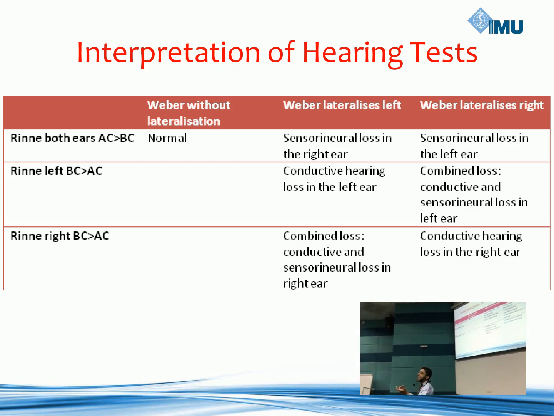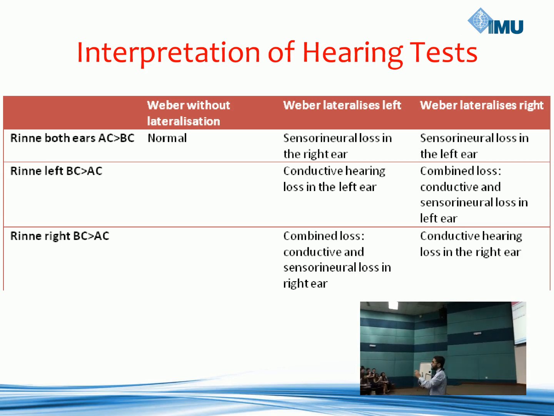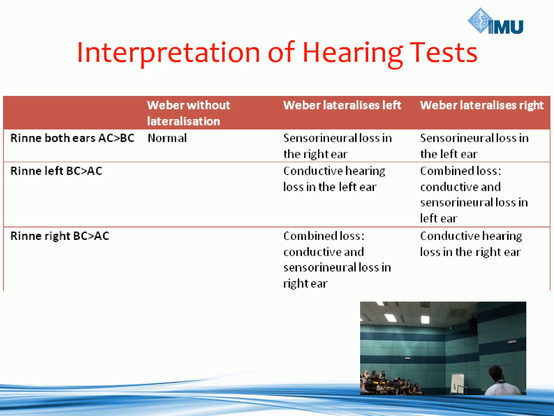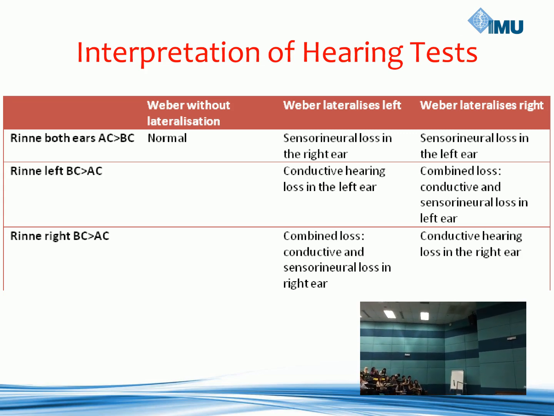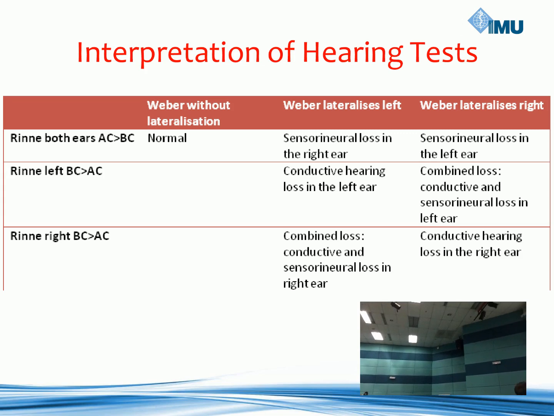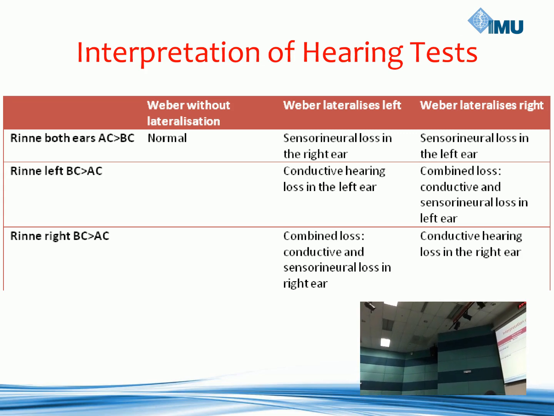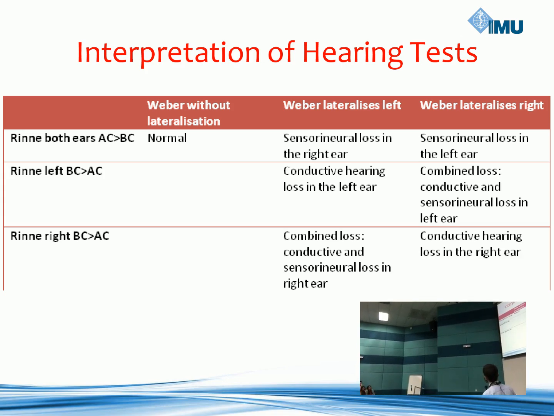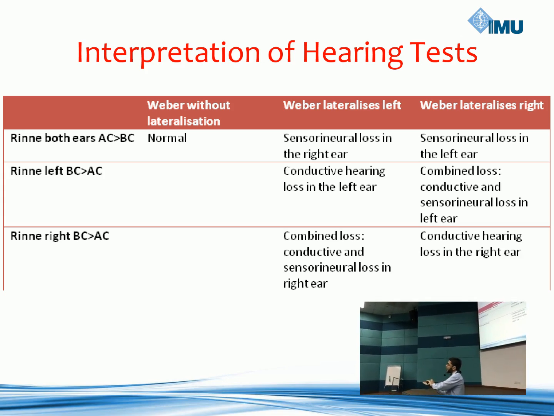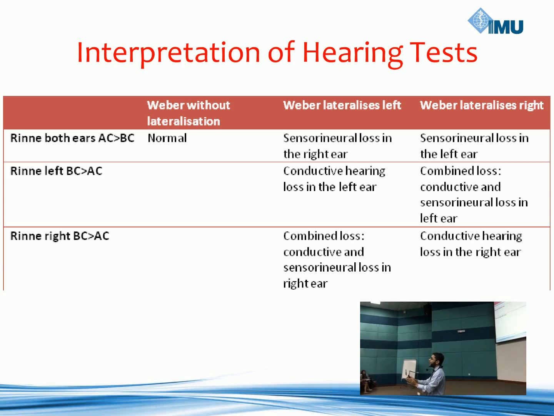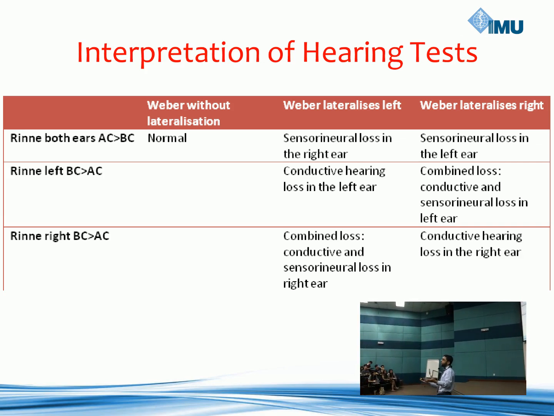So it could be a mixed type of deafness. So you can now differentiate between the two. Same thing on the right ear, if bone conduction is more than air conduction, and with the Weber's test, you can know which type of deafness. Is it pure conductive? Is it pure sensory neural, or is it mixed? Okay.